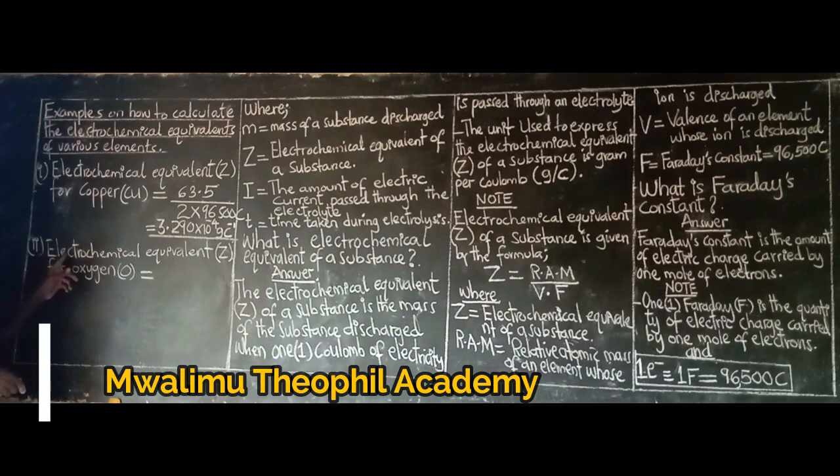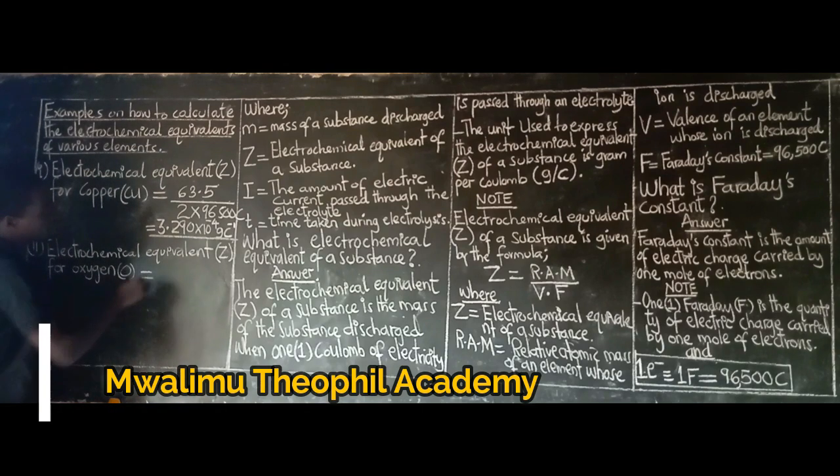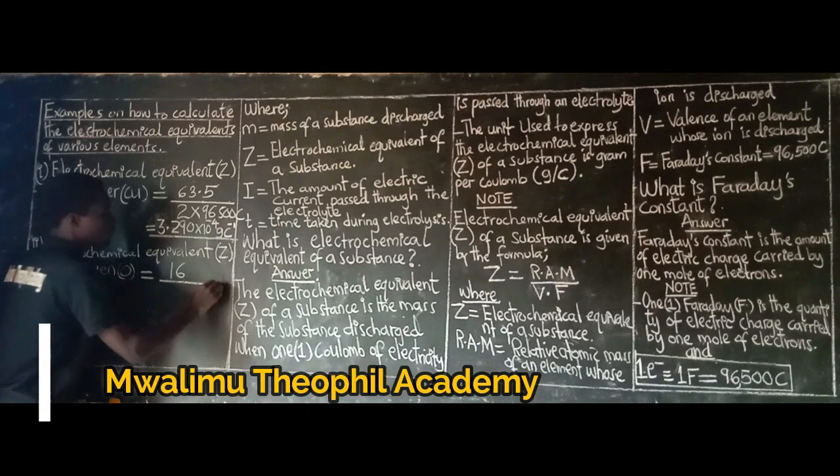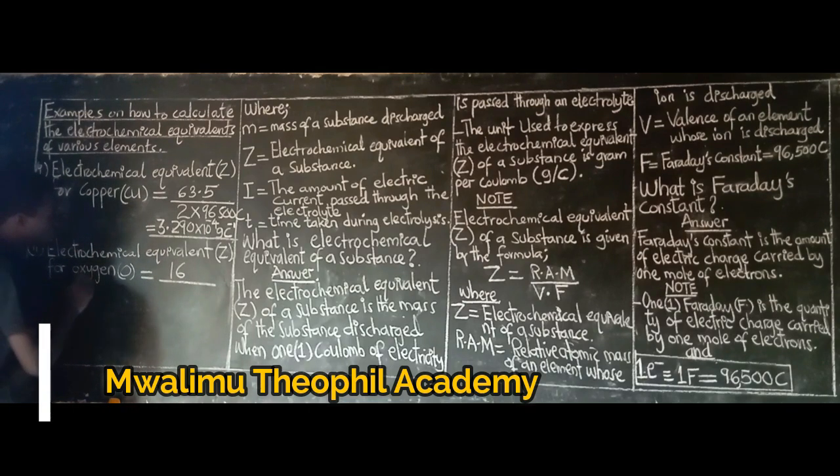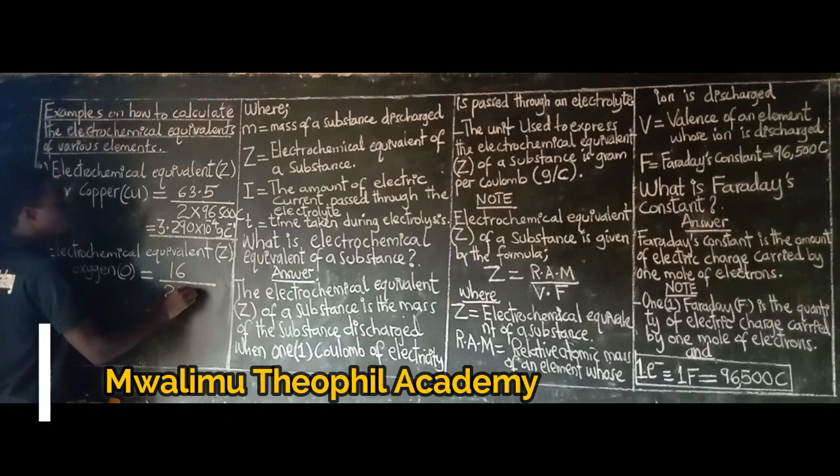Let us see the electrochemical equivalent for oxygen. For oxygen, the relative atomic mass is 16. So we take 16 over its valence. The valence of oxygen is 2, times Faraday's constant, which is 96,500 coulombs.